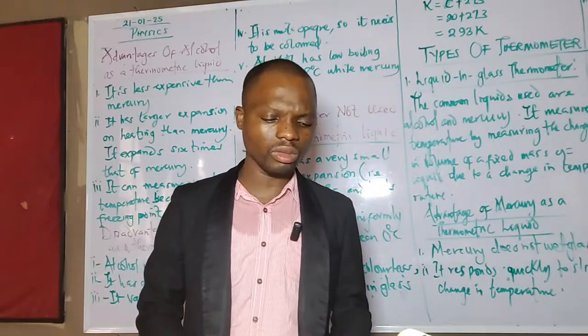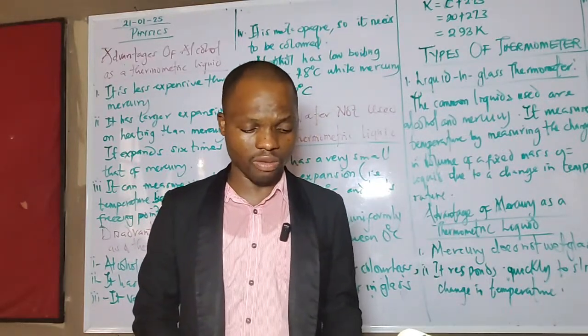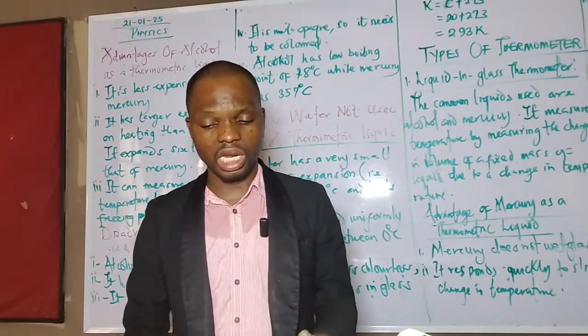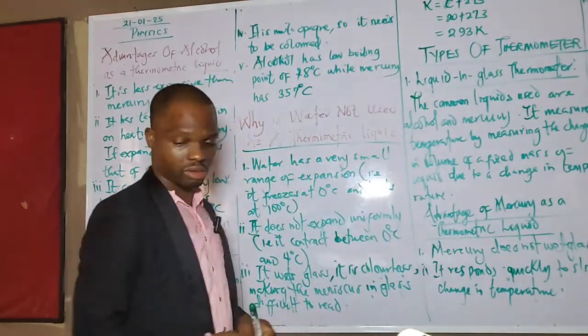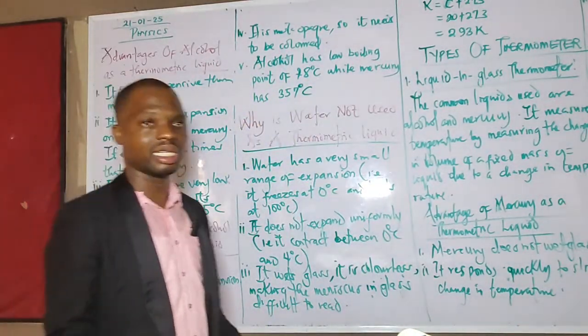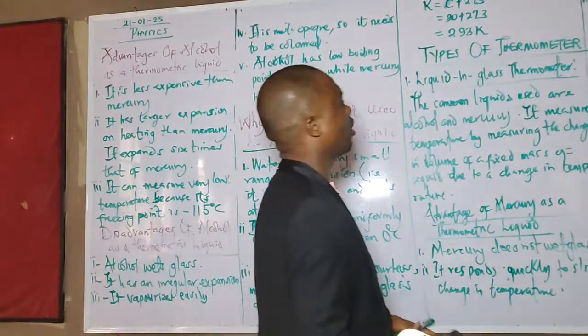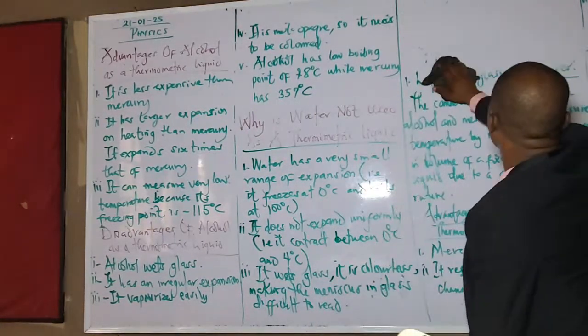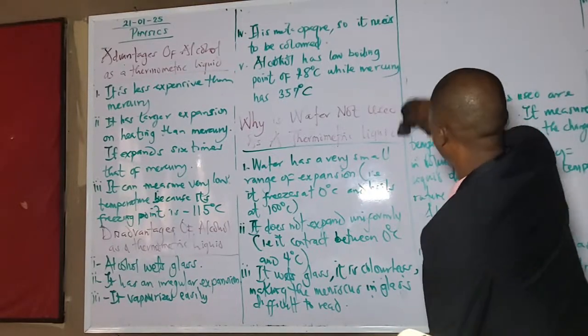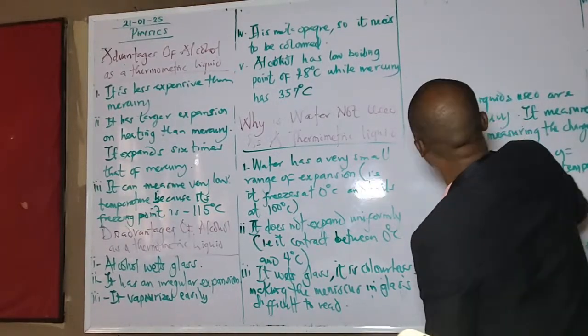So we have different types of liquid in glass thermometer. We have one we call the clinical thermometer. Every one of us has been to the hospital at one point or the other during the time of coronavirus.